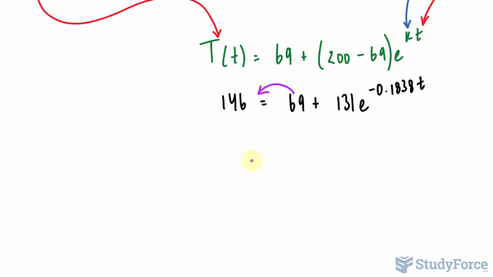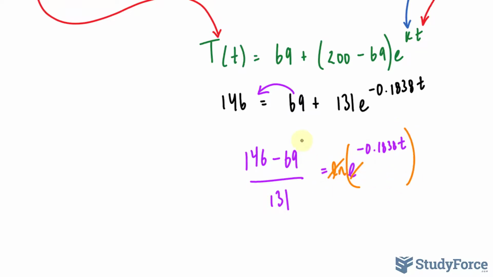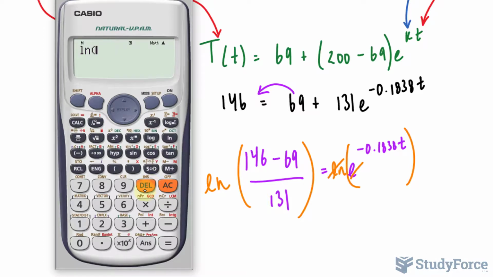So we do the same algebra as before, 146 minus 69 divided by 131 is equal to e to the power of negative 0.1838 t. Ln both sides, that gets rid of that part. Ln of 146 minus 69 divided by 131. That's what's on the left side.